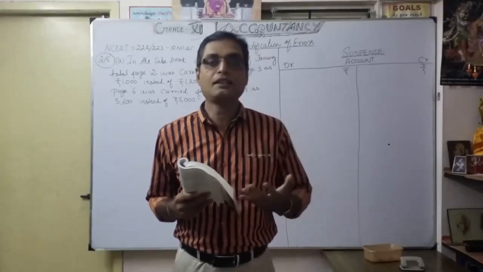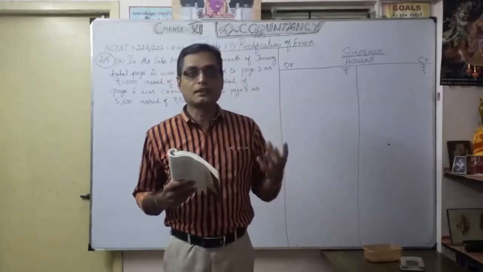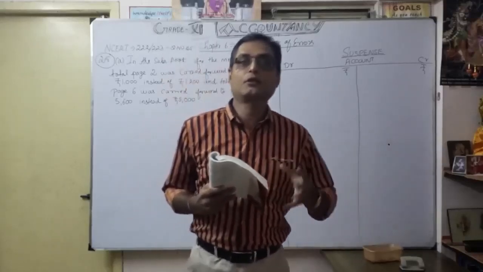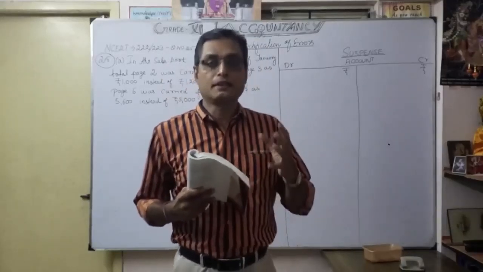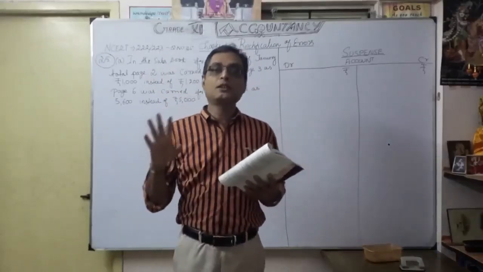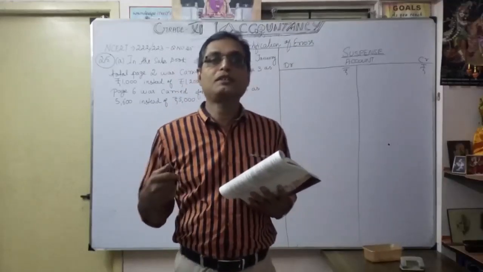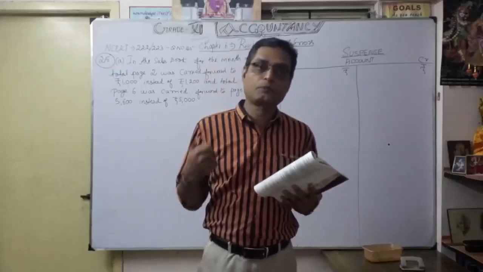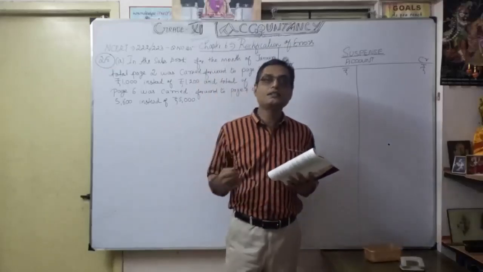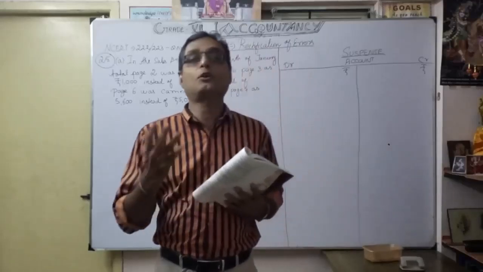Once you watch this video, I hope you will be clear about it yourself and can make it strong, how to do rectification of errors. As you know very well, rectification of errors has totally 4 types of error. That's why I am recollecting once again: error of omission, error of commission, then error of principle, and very important, compensating error.